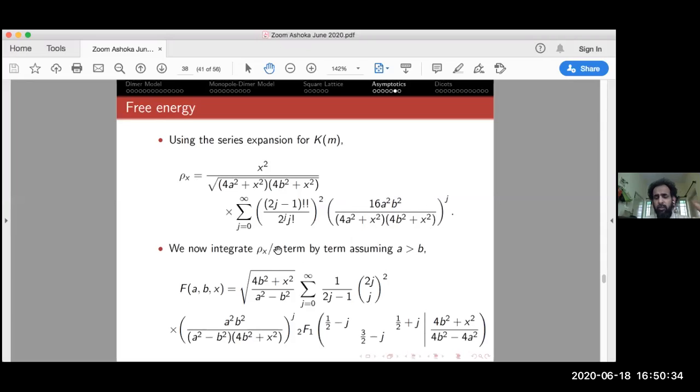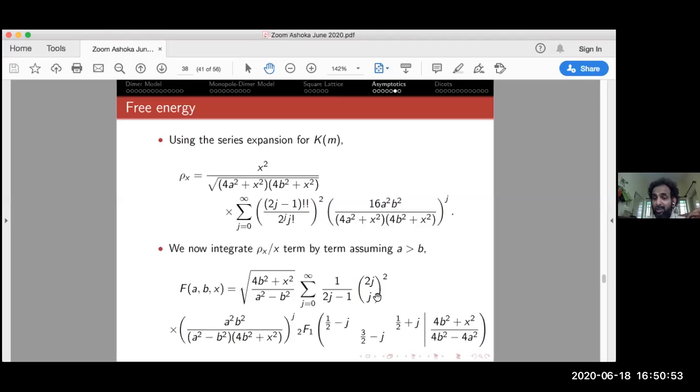And now if you integrate this term by term, assuming a is greater than b, I need that because I take powers of a squared minus b squared, then this is an infinite sum of 2F1s, with some other complicated things.